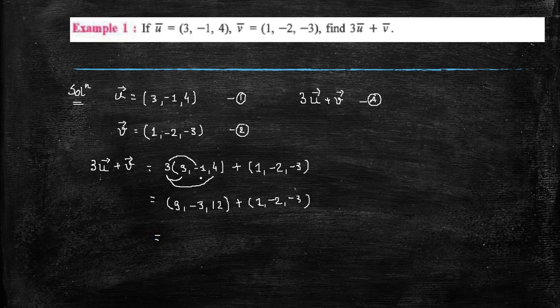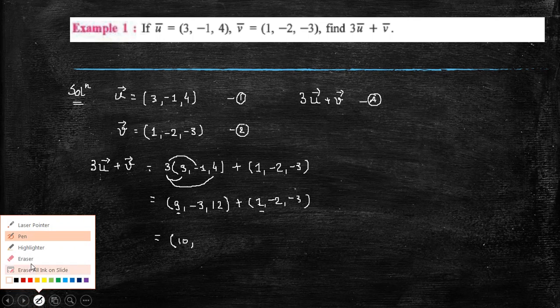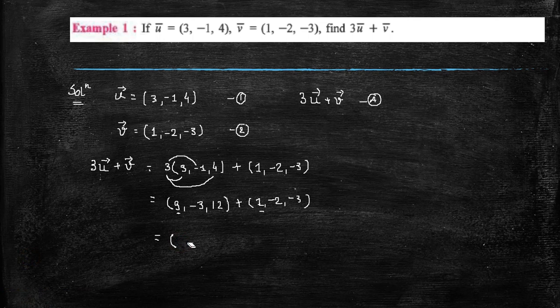Now after completion of multiplication, means after completion of step 1, we should go for step 2, that is vector addition. So 9 is going to add with 1 and result in 10. Okay, let us not skip any step and write it down one by one.